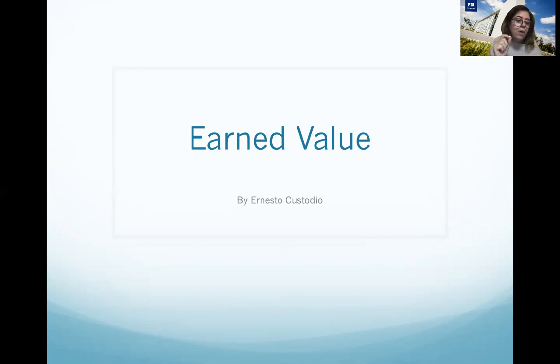The earned value monitors the 3 key dimensions that I was explaining to you last week. Dimension number 1 is the planned value. What is the planned value? It's just the budget to perform a specific activity or work package in the project. The planned value is the authorized budget assigned to any scheduled work.